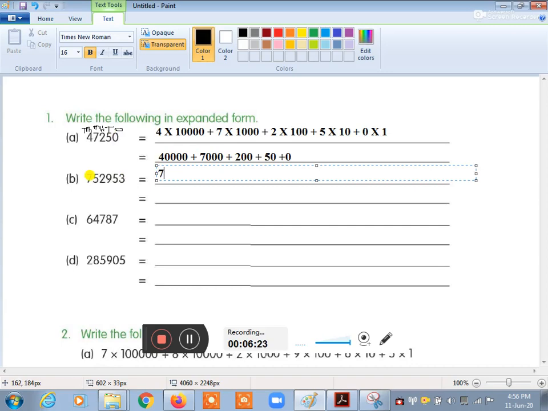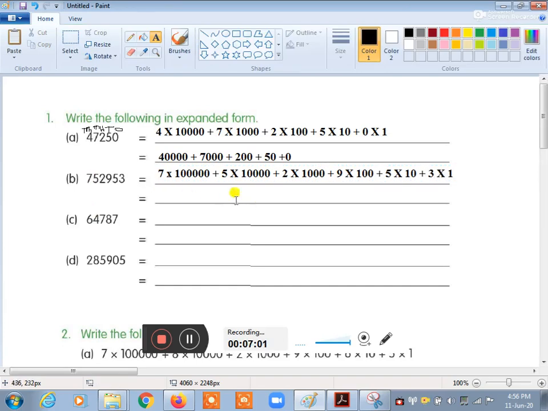So 7 into 1 lakh plus 5 into 10,000 plus 2 into 1000 plus 9 into 100 plus 5 into 10 plus 3 into 1.